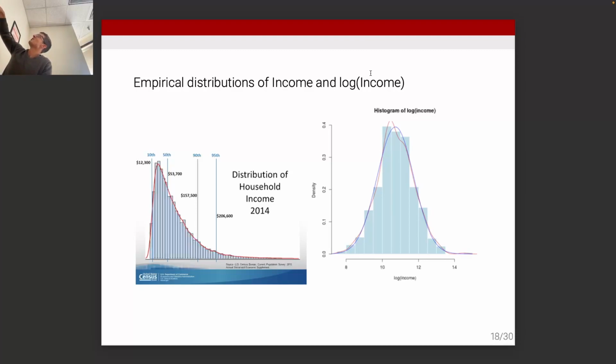This is the definition of the log. We could talk about the intuition for that too, but the basic idea here is the log of 10 in base 10 is 1. In other words, 10 to the power of 1 equals 10. And 10 to the power 2 equals 100. And 10 to the power 3 equals 1,000.